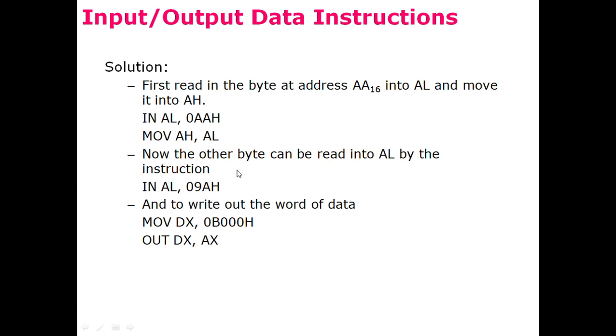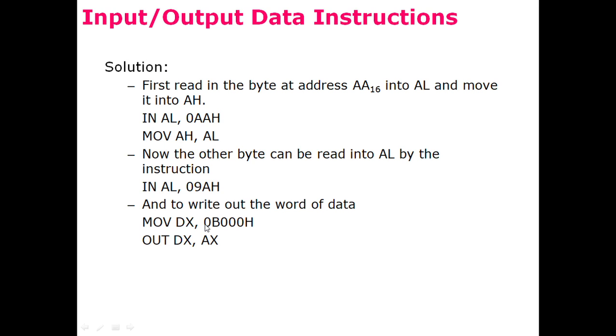Now the other byte from the other device, which is 09A, the other input port. From this input port, another byte is read into AL. So now the first byte read is in the AH register and the other byte read is in AL. So the AX register now maintains that 16-bit value. Now the second part of the question is to send that 16-bit value to the output port.